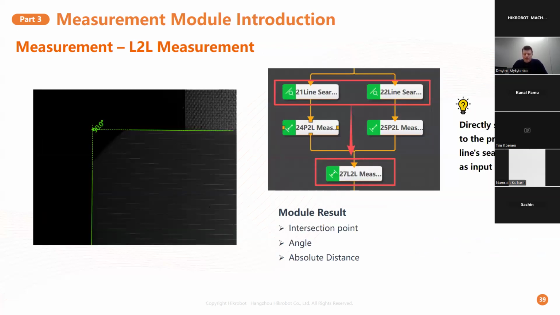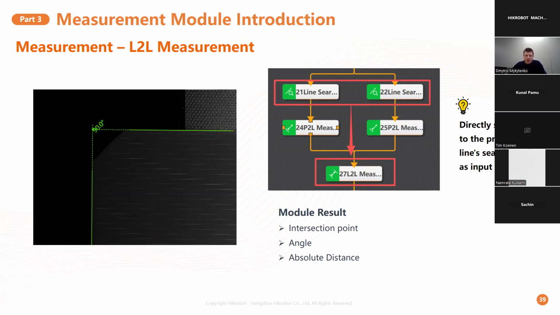The line-to-line measurement module evaluates the geometric relationship between two lines. The absolute distance between the lines is defined as the average of four perpendicular distances measured from the start and end points of each line to the other line using the same point-to-line principle described earlier. The module also computes the intersection point and the angle between the two lines.